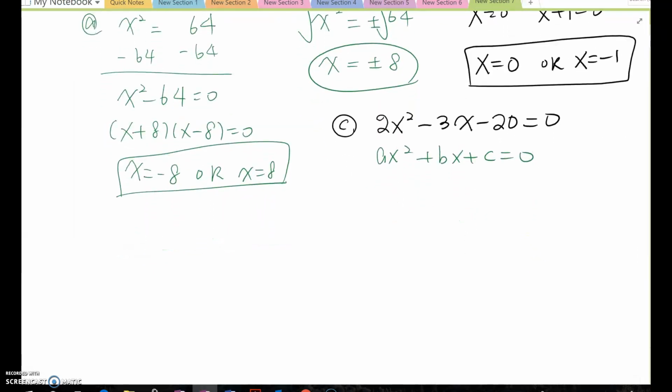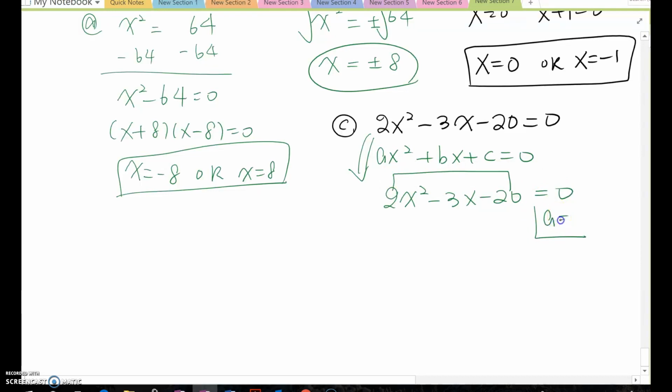You can try factoring first, which I highly recommend, or you can use the quadratic formula. So let's try factoring first. We move this 2 to here, so a becomes 1, x squared minus 3x minus 40 equal to 0.